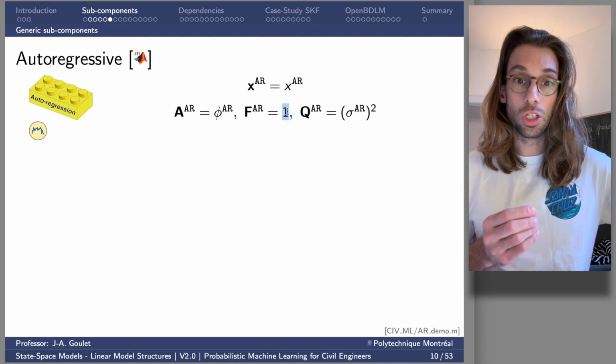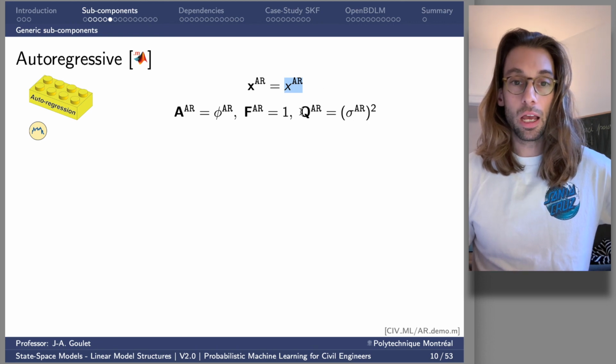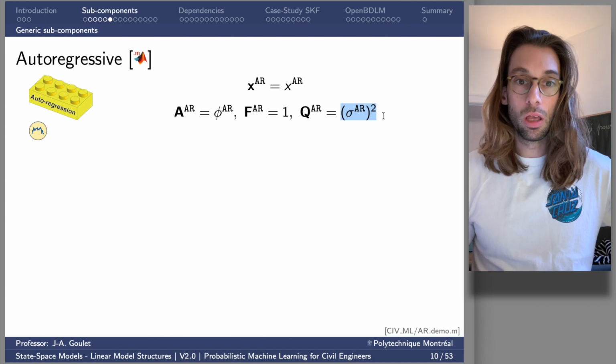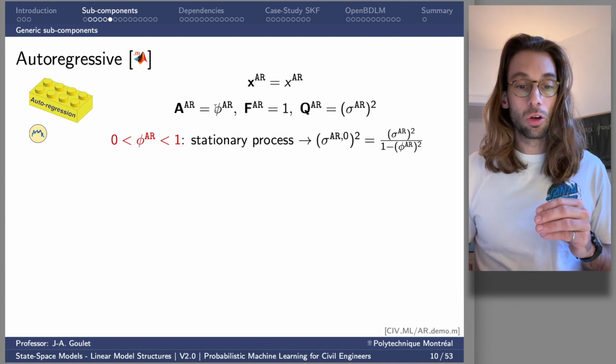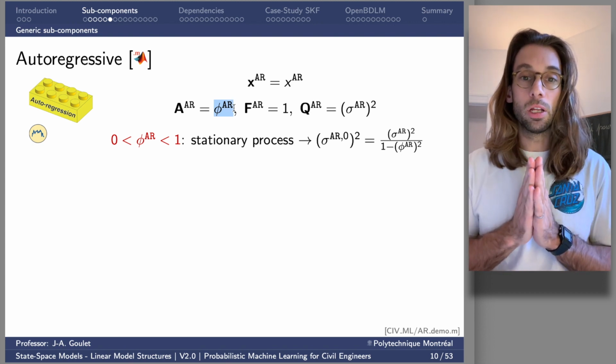So my observation is going to depend on this hidden state variable, and in my covariance matrix I have only my variance parameter for the autoregressive component. And here, that autoregressive coefficient must satisfy some properties, okay?